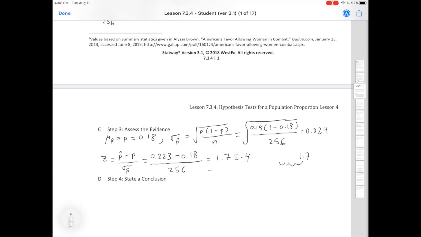So really what this is, 0.00017. Okay? That's a very tiny number for the z-score.